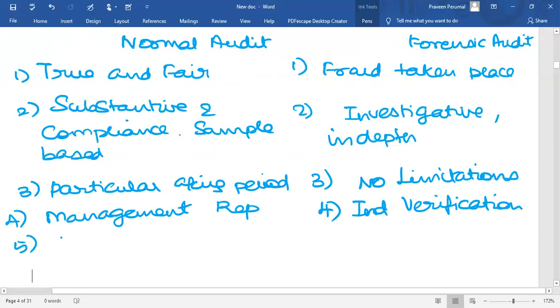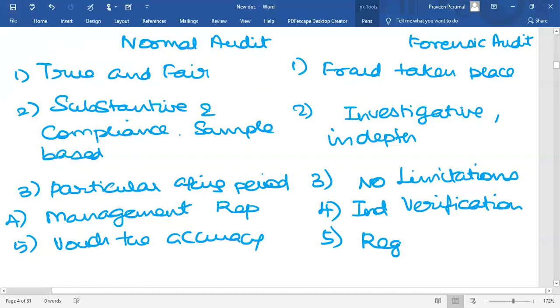Next, off balance sheet items, how do you take care of them in a normal audit? Vouch the arithmetic accuracy and compliance with the procedures. Here, regularity and propriety of the transactions are examined.